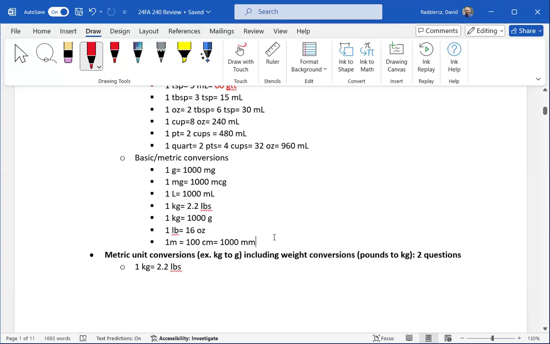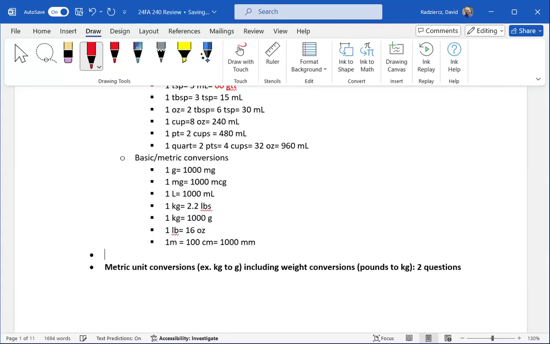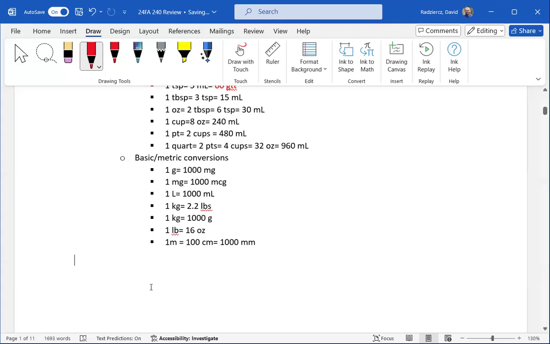So I'm just going to add it in here. So let's say I'm going from inches to centimeters. So let's just say they're asking me to convert 5 inches equals how many centimeters?